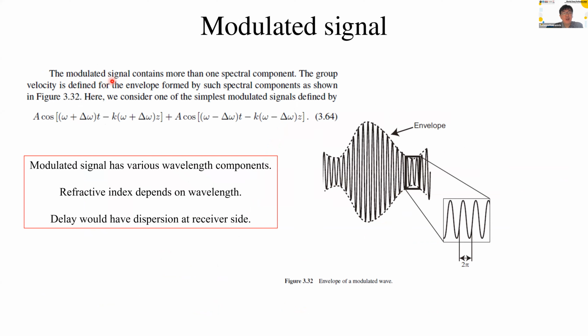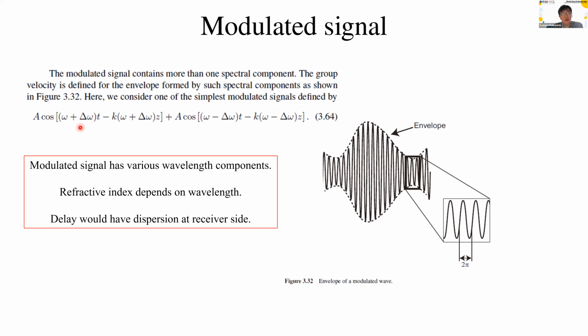The modulated signal contains more than one spectral component. As you can see, the group velocity is defined for the envelope formed by the spectral components. We can consider one of the simplest modulated signals. It has only two spectral components, and omega describes the average angular frequency.